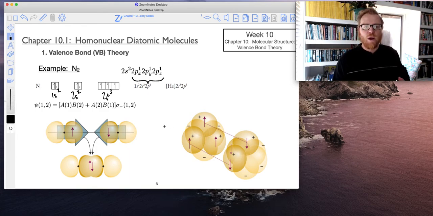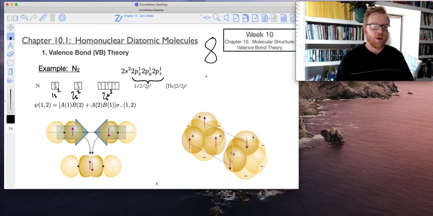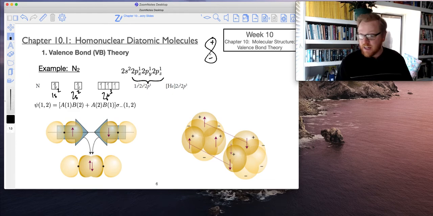We recall that a p orbital looks like this, kind of like an 8. That was a really terrible looking one. But we know that it's got the two lobes, the positive and negative lobes. If we were to look at this over a Cartesian coordinate system, assuming I can draw an origin, that would be 0.